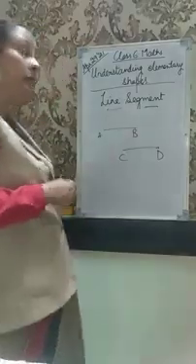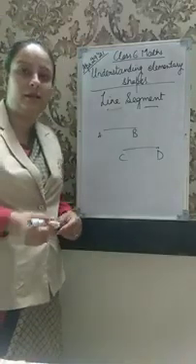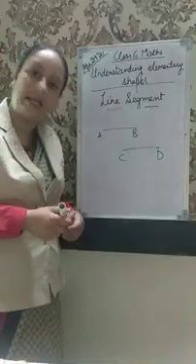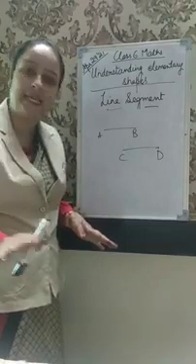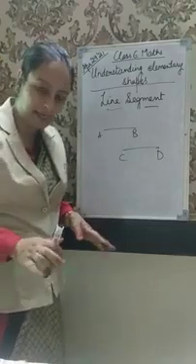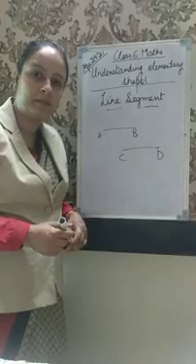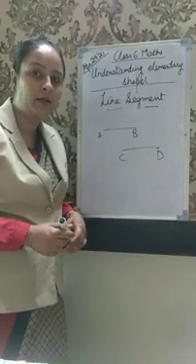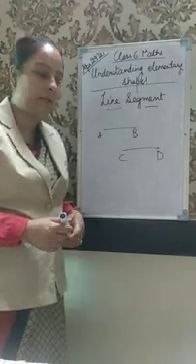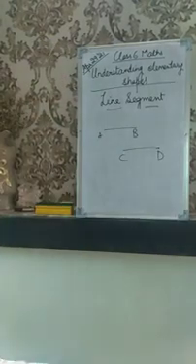Understand? So this is again another method how we can compare the line segments, and mind it, this is the most precise method how we can compare the line segments. Understand?